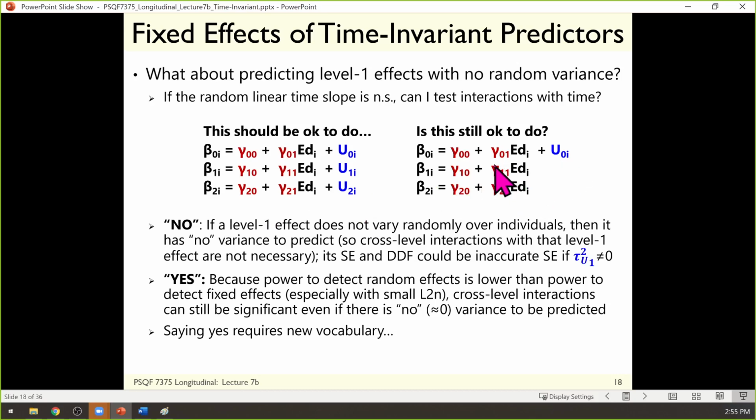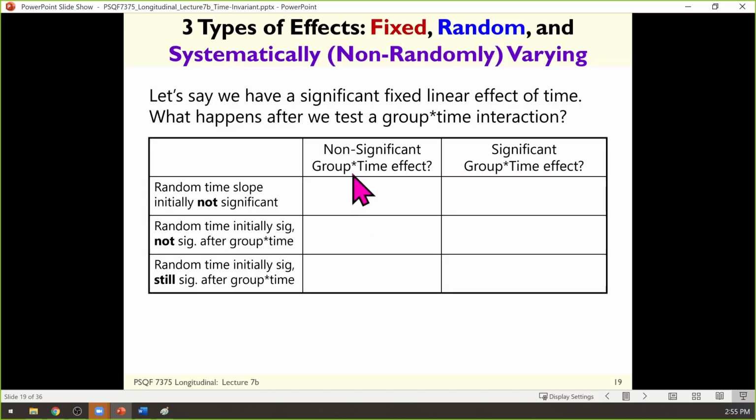No U here. If I were to find a significant group by time effect, I would then refer to the effective time as systematically varying. So what that would tell me is that I do not have individual differences in change, but that as a whole, one group changes differently on average from the other group.